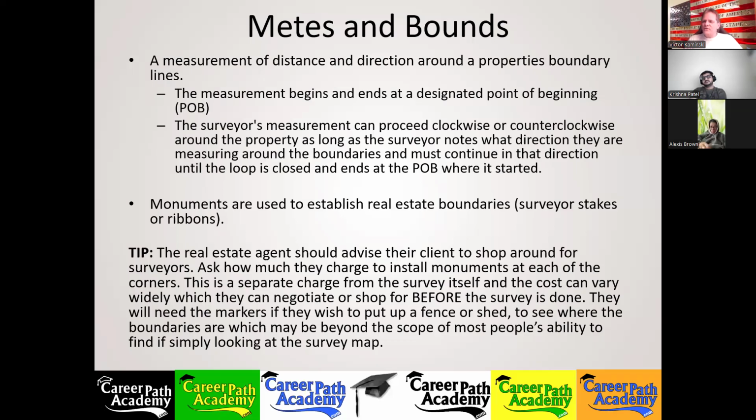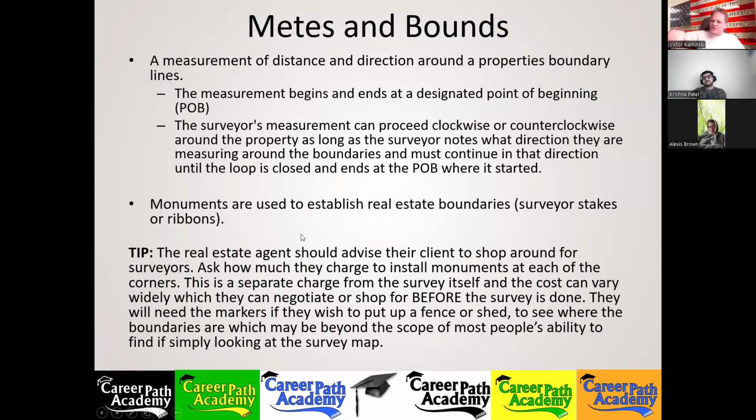Because it's one thing for them to give you a map of your property that shows your boundaries. Good luck finding the actual boundaries then. You should also pay the extra fee to have that surveyor bang those stakes into the ground at each of the corners of the property.